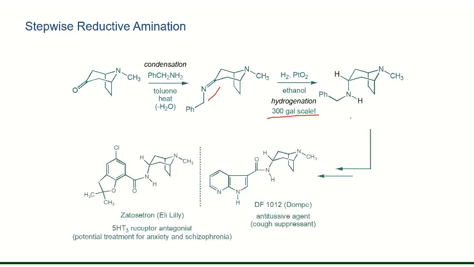Kid you not, a few steps later, you can see that we've made the cough suppressants, and here we've made the zeta-cetron, and both Eli Lilly and Dompe made a lot of money from these. All of these, if I gave you them, you could, as a project, literally make it on paper.